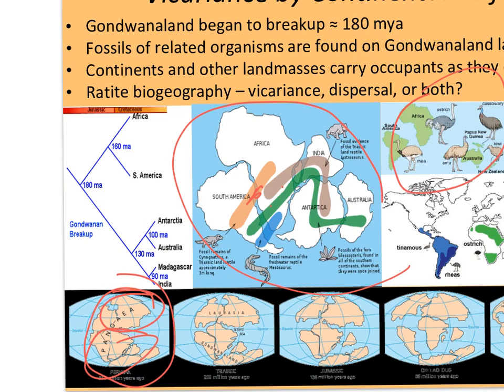The continents spread apart, and now you've got rheas in South America, ostriches in Africa, a couple different species, emus and cassowaries in Australia, and kiwis in New Zealand, and also an extinct group called moas that were huge birds, like 10 feet tall. But they got wiped out by the Maori tribe once they colonized the area. Extinction.